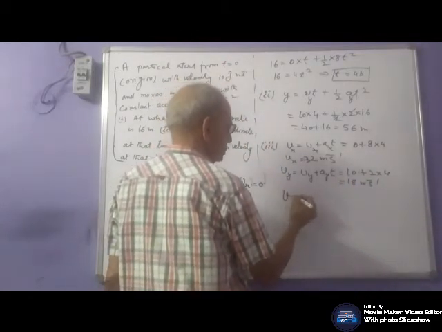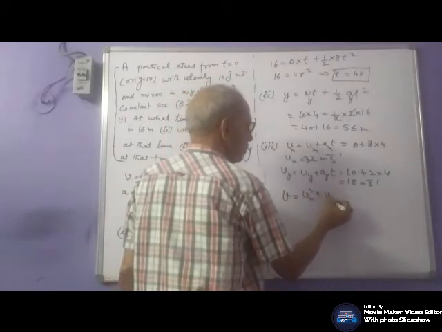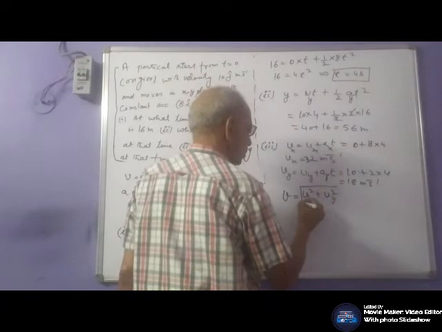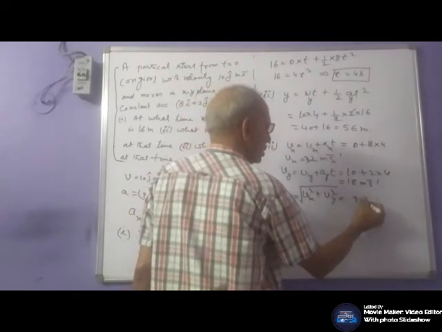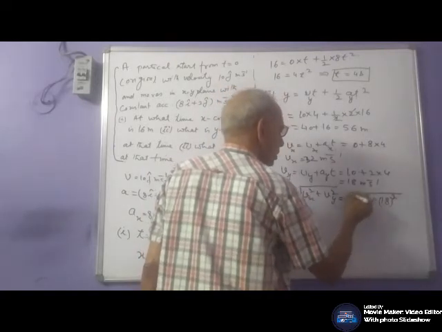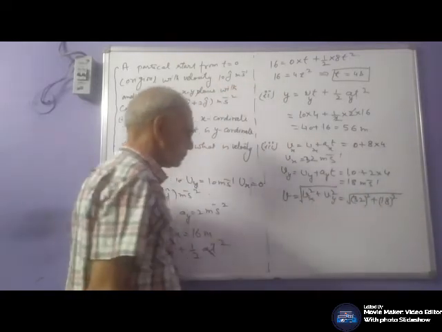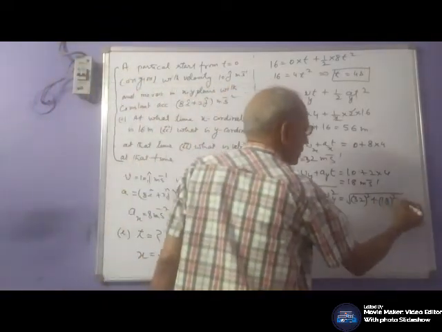Then the magnitude is the root of vx square plus vy square, which is the root of 32 square plus 18 square. Calculate yourself.